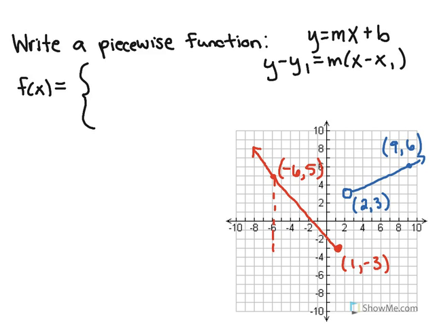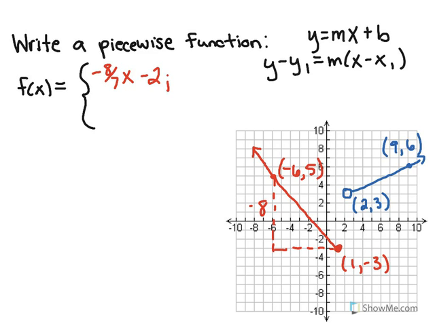So I'm going down 8, and then over 1, 2, 3, 4, 5, 6, 7. So my slope here is negative 8 over 7. The x is not part of your slope, but it's the coefficient of x. And then my y-intercept, it looks like, is negative 2.